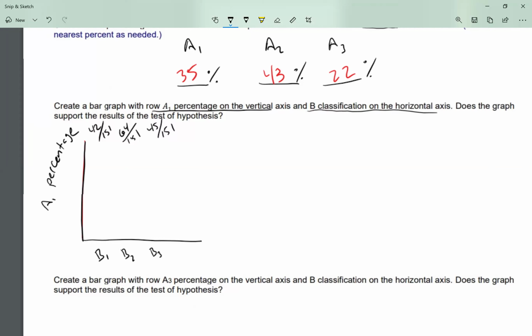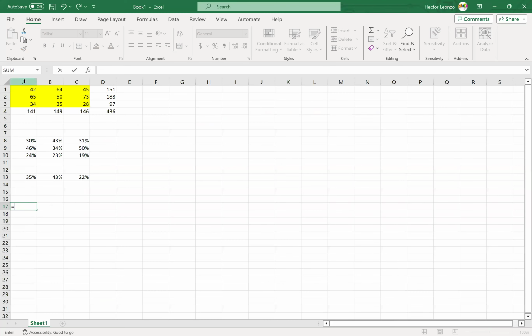So let me find out my percentages. I'm going to use Excel. So let me do my Excel spreadsheet here. I have to go 42 divided by 151. For my second value, I have to go 64 divided by 151.